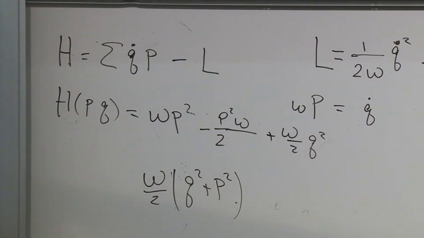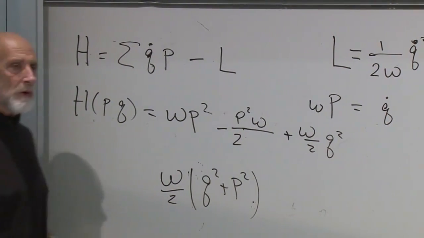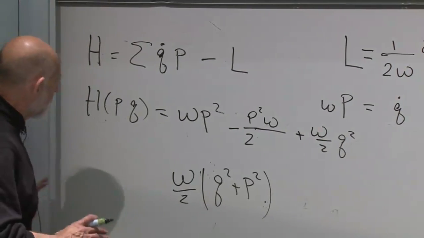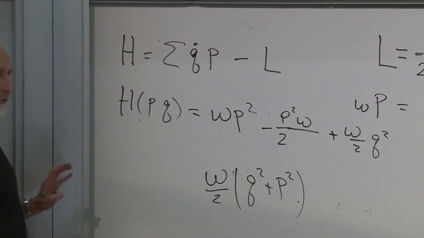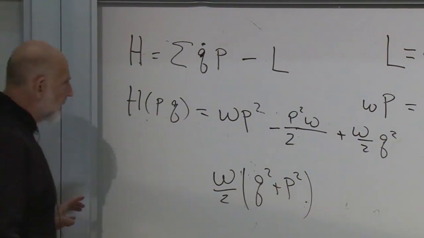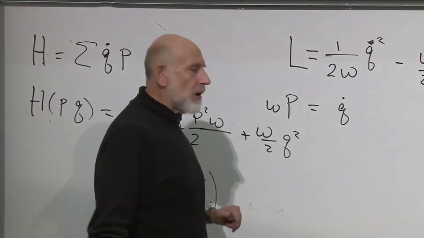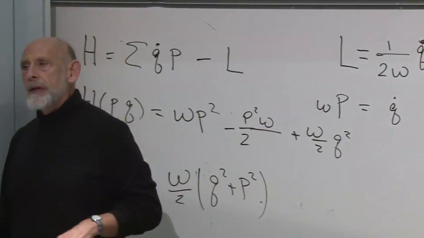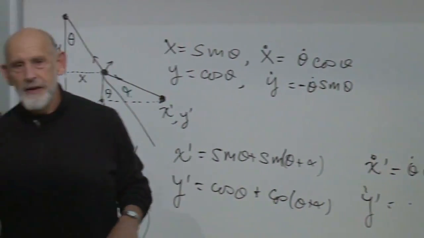That's the Hamiltonian. And the important thing that I want you to come away with is that when you're doing the Hamiltonian version of classical mechanics, you get rid of the q dots. You get rid of the q dots by solving for them. Now, sometimes you can't solve equations.